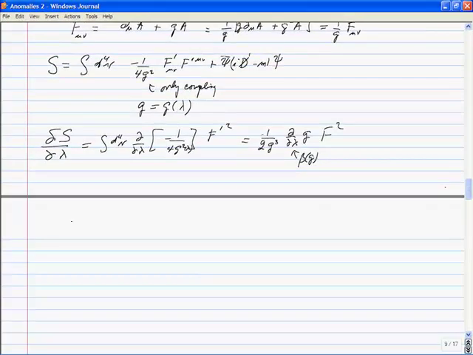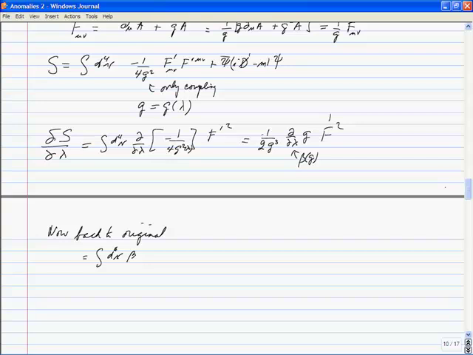I now go back to my original scaling, so that's F prime. And the variation of the action with respect to lambda is the integral d4x beta of g over 2g F squared. So the T mu mu isn't 0 anymore, but it's beta over 2g F squared.